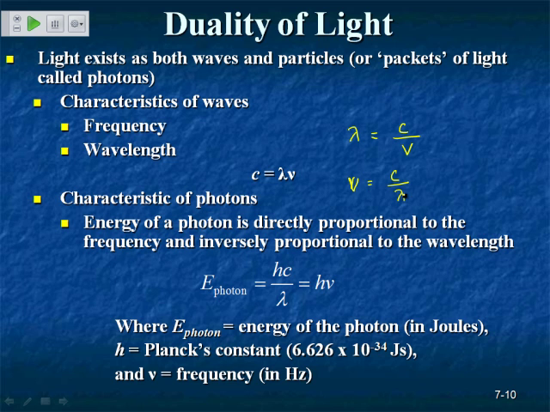So basically you are just substituting c by lambda in place of nu. So energy is calculated using Planck's constant multiplied by frequency, or Planck's constant multiplied by speed of light divided by wavelength. So if you know one quantity, that is the advantage. You can calculate the energy of that wave.